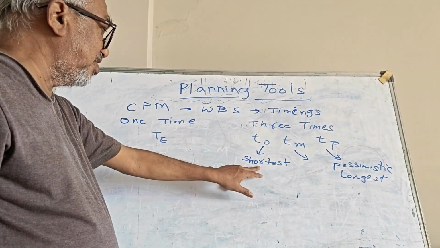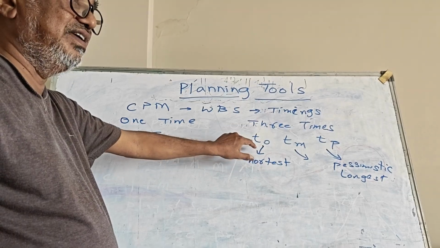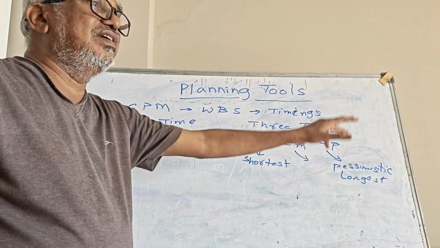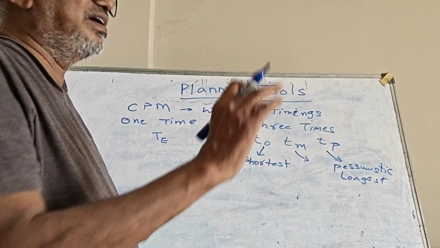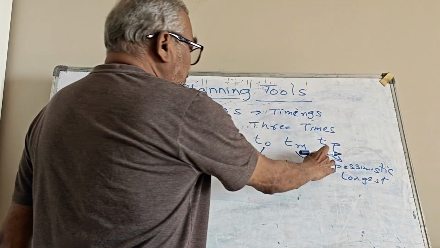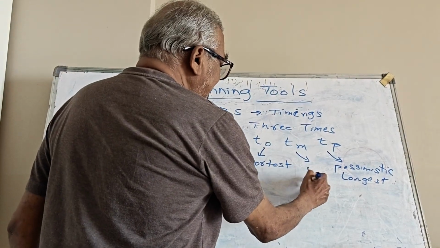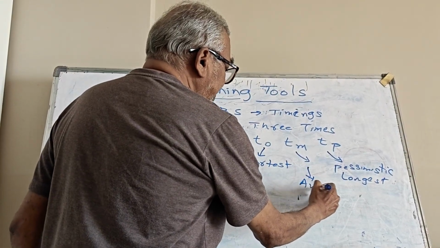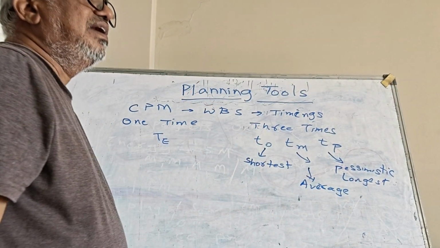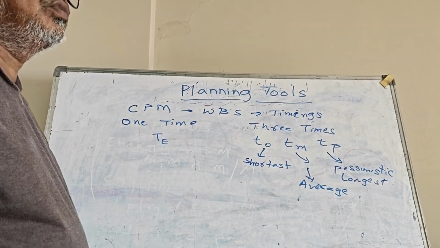The shortest time is optimistic, when everything goes well. This is pessimistic time, when everything goes wrong, nothing goes according to the engineer's plan. In between these two, there is an average timing, and TM is given as the most likely time.